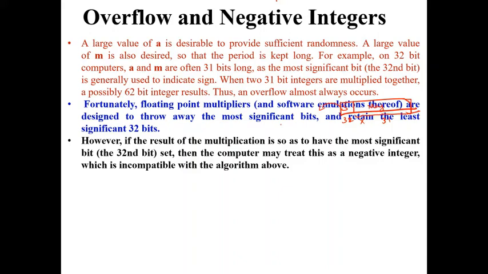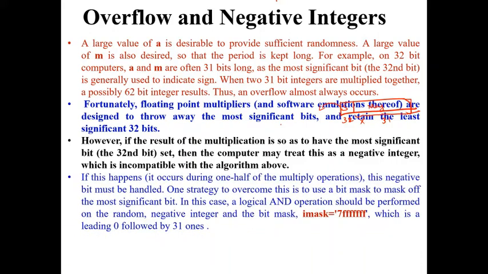Because there is an overflow into the MSB and the MSB has been set, the computer would treat it as a negative number. Therefore, what we normally try to do to overcome this is masking the most significant bit. So we don't consider the sign bit, we just mask the most significant bit.